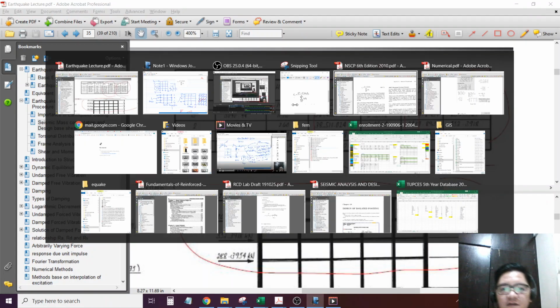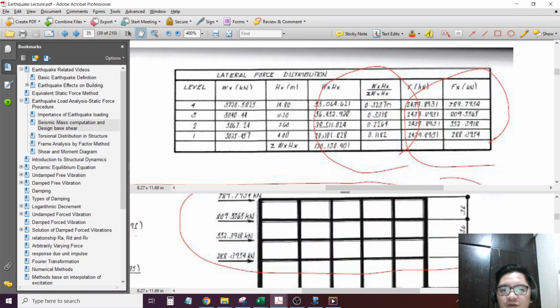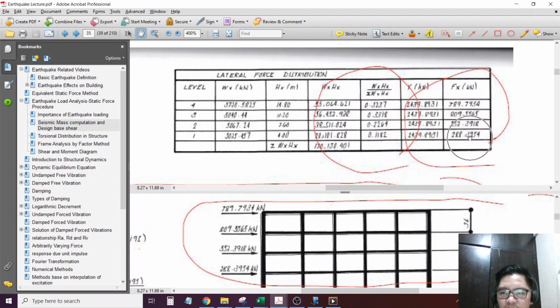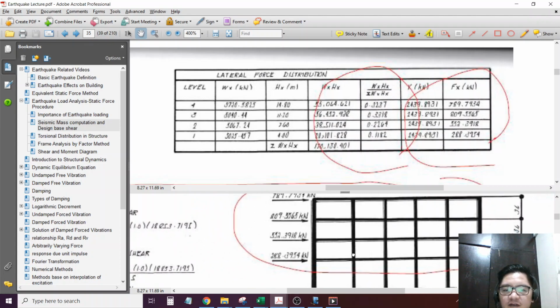So, multiply mo to dun sa ating base shear V. This times this is this, Fx. Kaya makikita nyo sa baba, 288, 552, 809, 789. So, ito yung mga forces na i-distribute mo vertically. Okay? So, dito muna tayo.